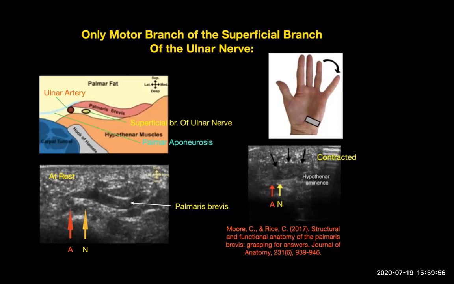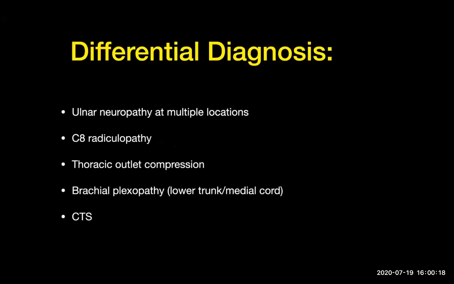First at rest, you can see the palmaris brevis wavy, but as you contract it by moving your fifth finger out and in, out and in, you can see that muscle contracting, and you can see that the muscle that works there is actually your palmaris brevis.